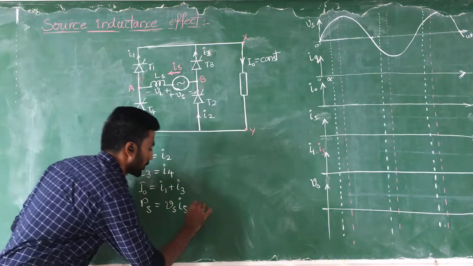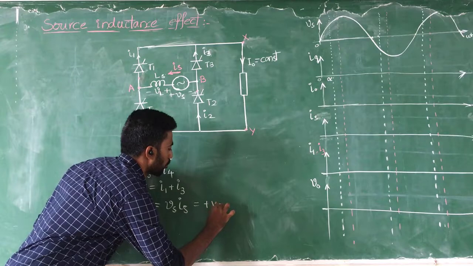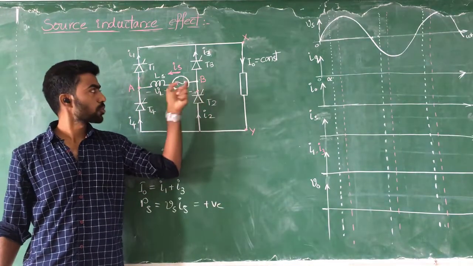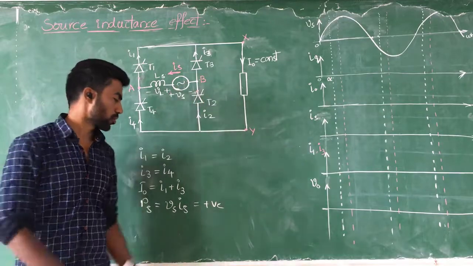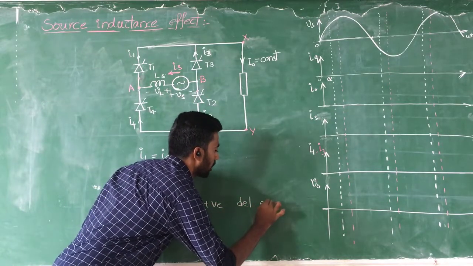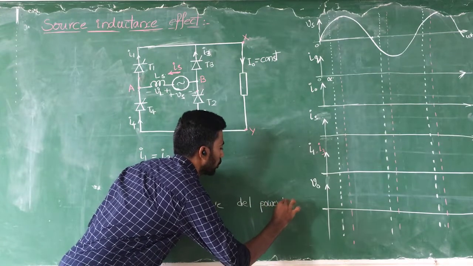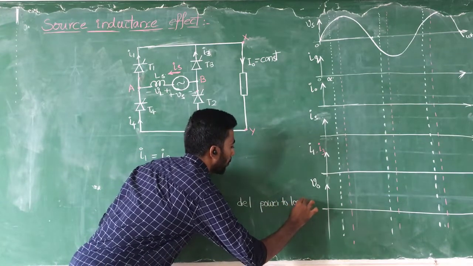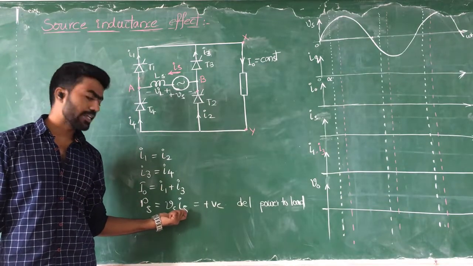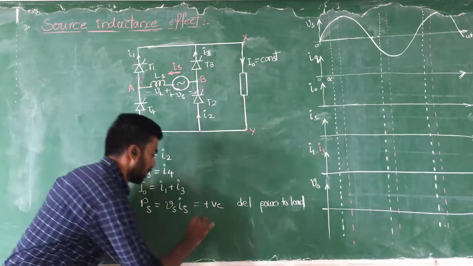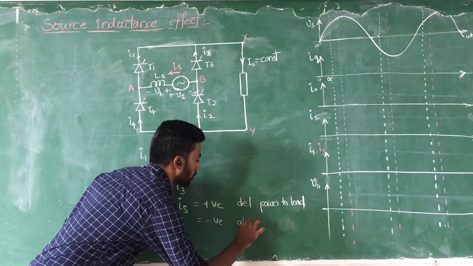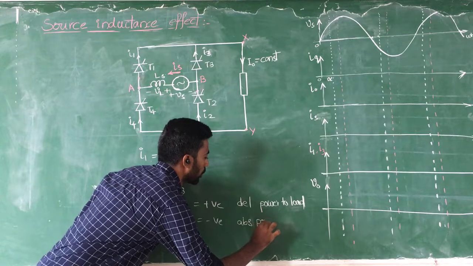If this is positive, the source is delivering energy to the load, so we can say it delivers power to the load. Clear? If the Vs and Is product is negative, it is absorbing power from the load.